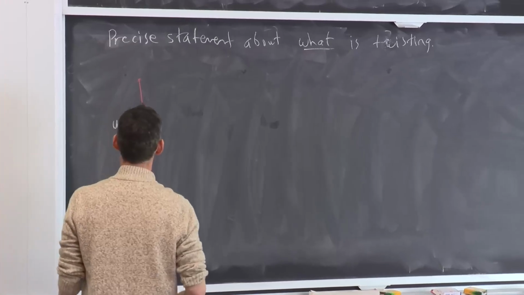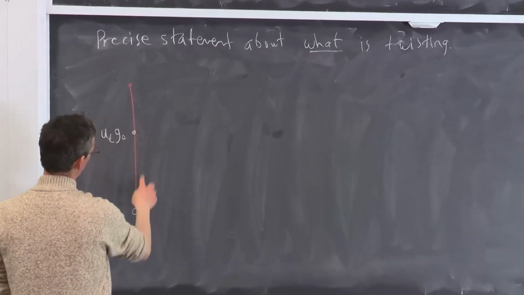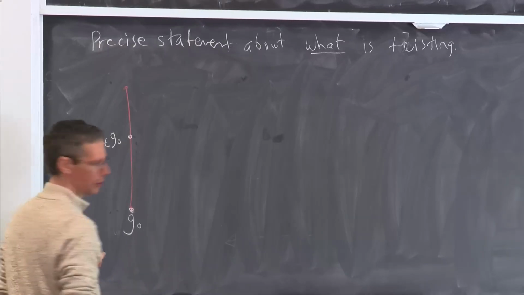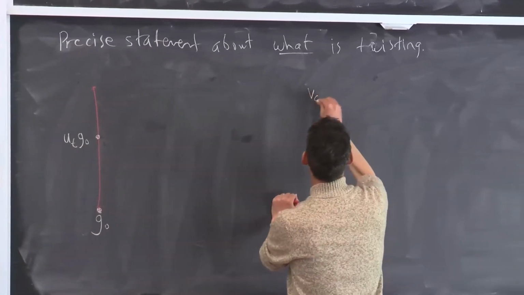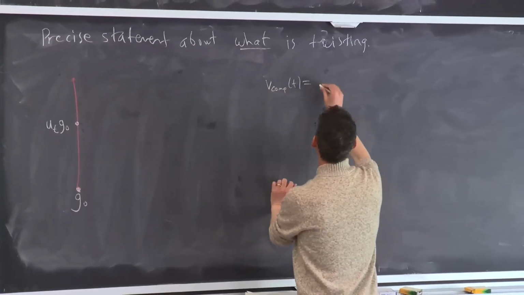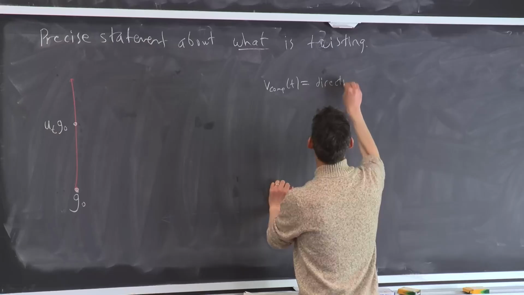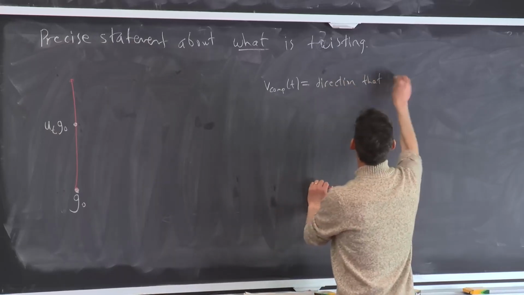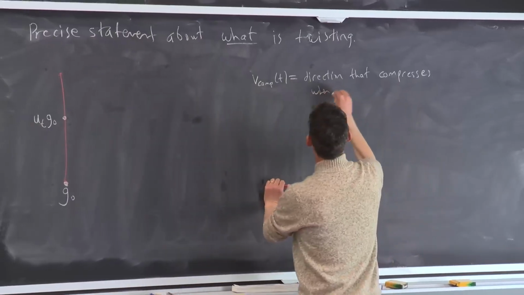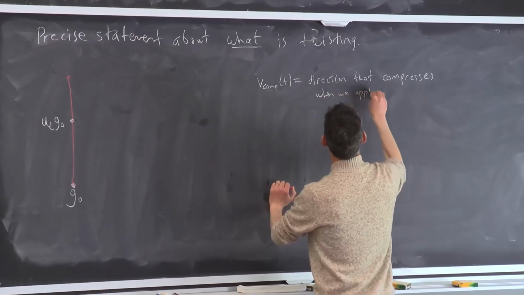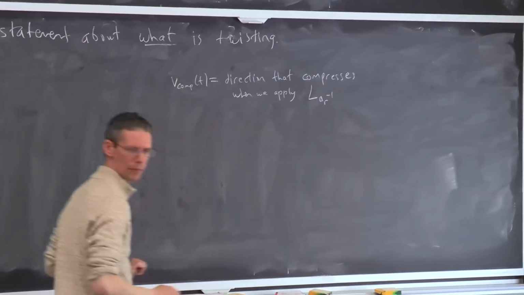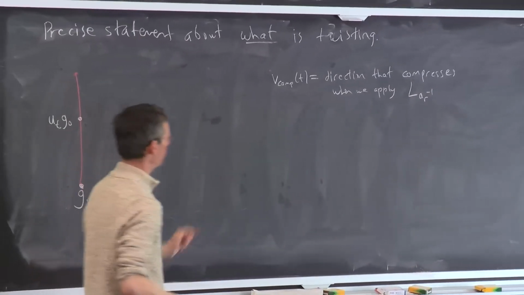Now, at each point here, there's going to be a vector that compresses when I perform A_R. So let's say v compression of t. This is a vector, and this is the direction that compresses when we apply left A_R inverse.